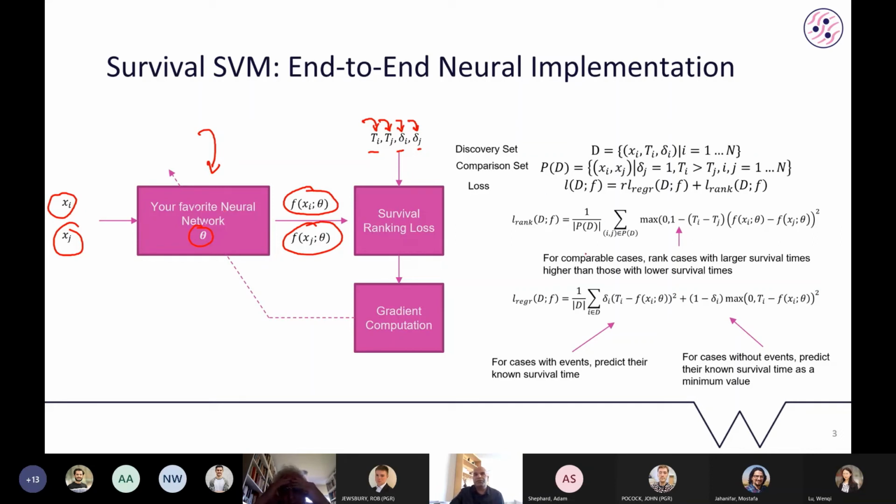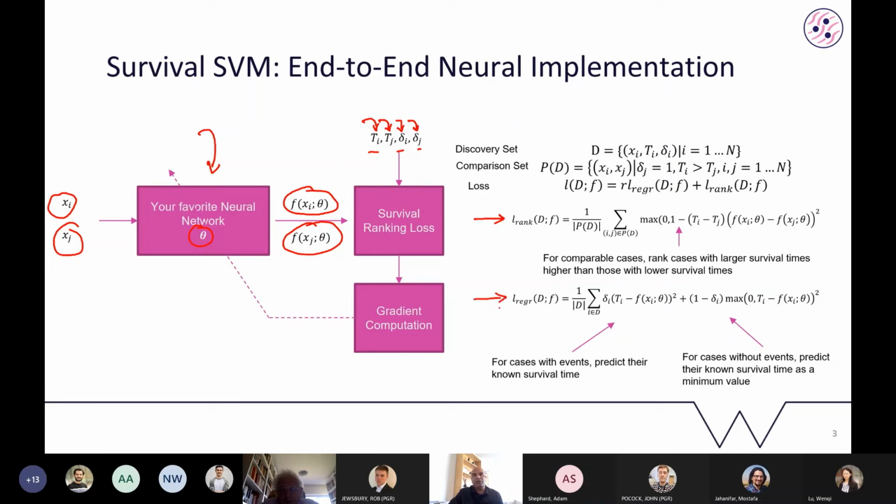So for example, if you want to use the exact same formulation that Adam presented of the survival SVM, you have a loss function that is a ranking based loss function, which enables the neural network to learn to predict higher survival times for people who have actually survived longer in the training set.